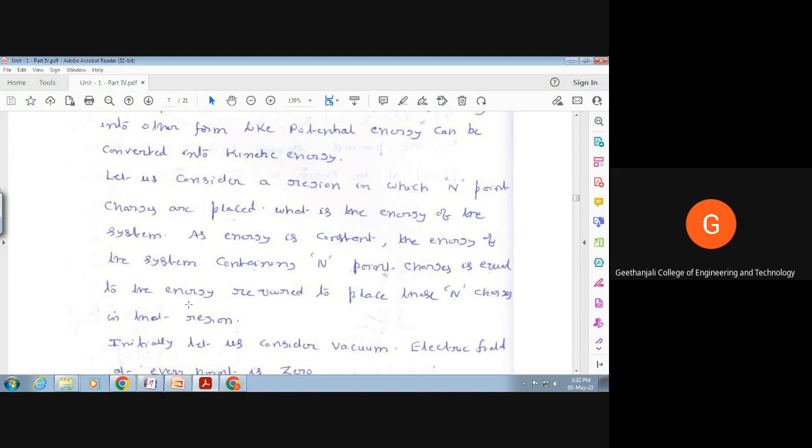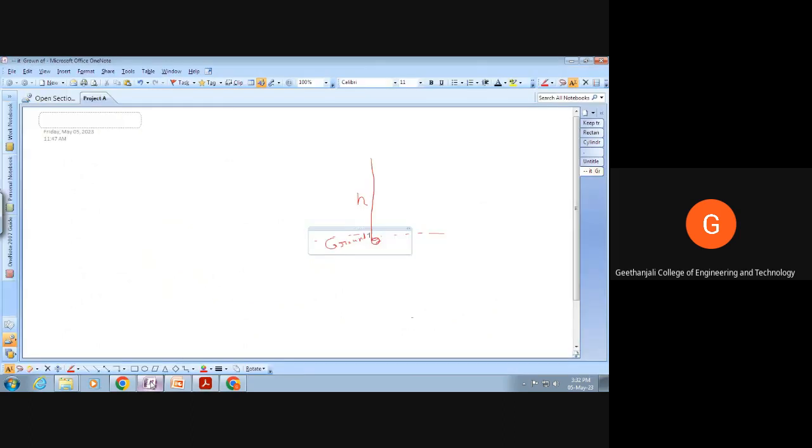For example, let us consider there is a ball placed on the ground. I want to lift this ball against the gravitational force and place it at a height of h meters above the ground. I have to spend some energy.